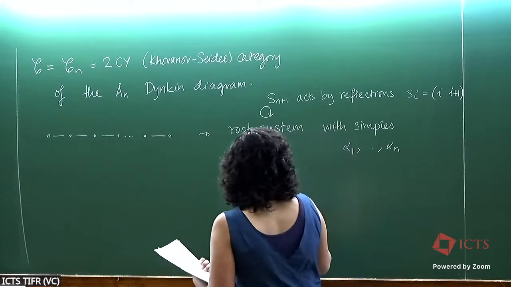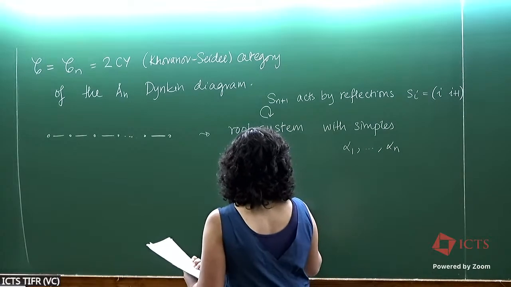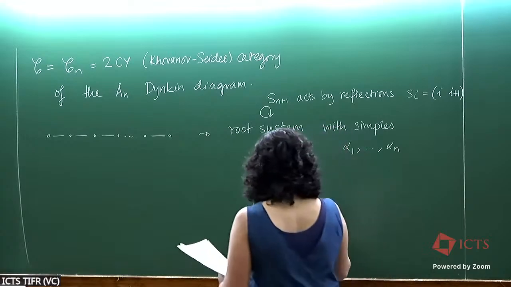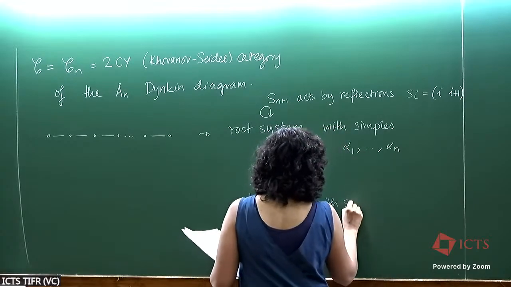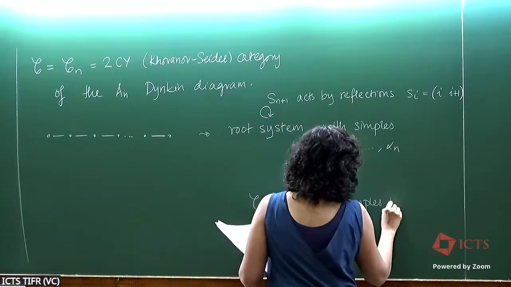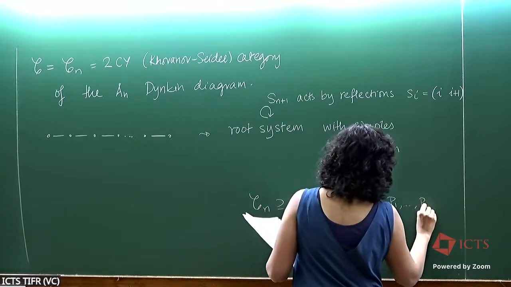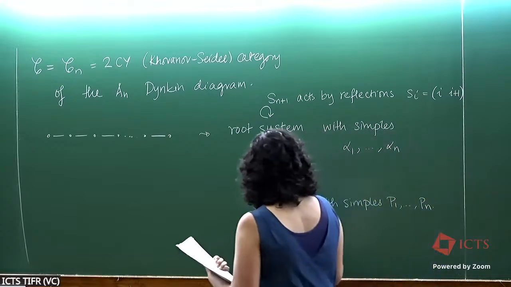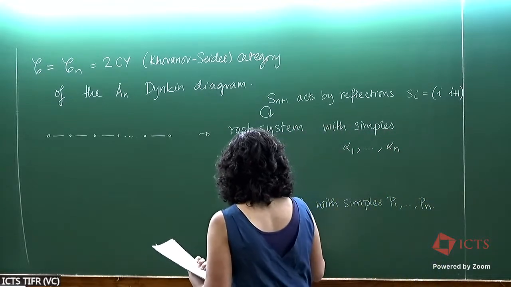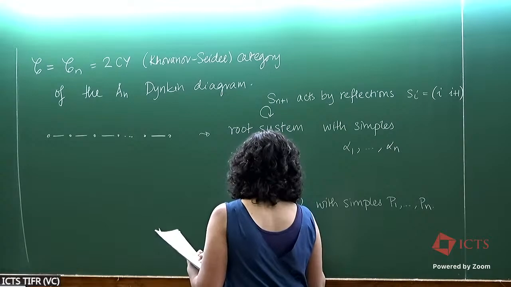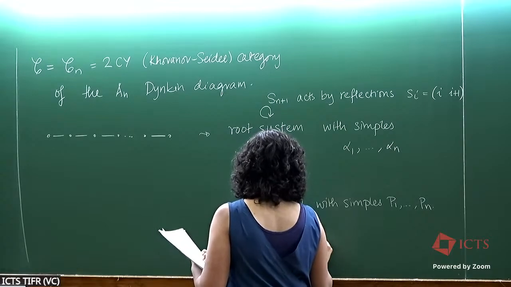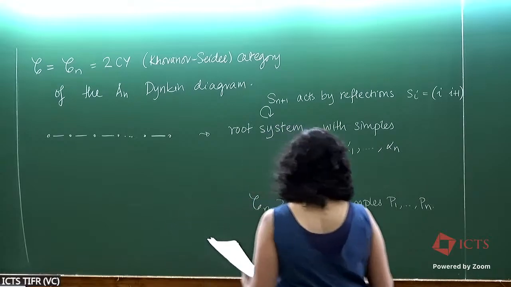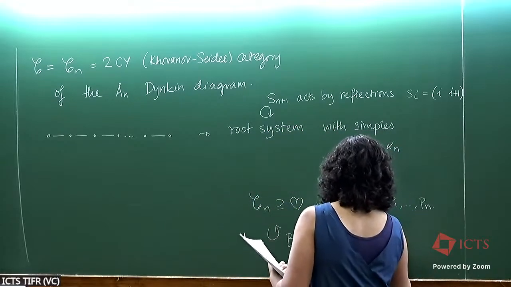It contains a particular heart with simple objects P_1 through P_n, and it carries an action not of the symmetric group, but of the (n+1)-strand braid group, with generators sigma_i.